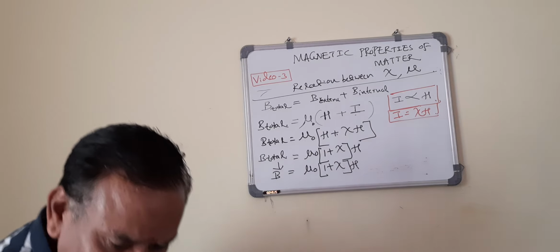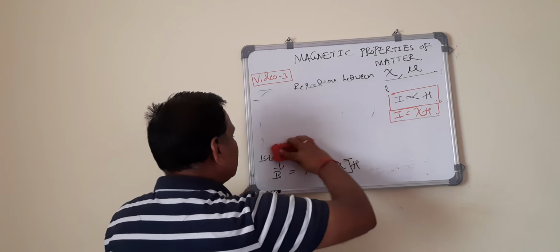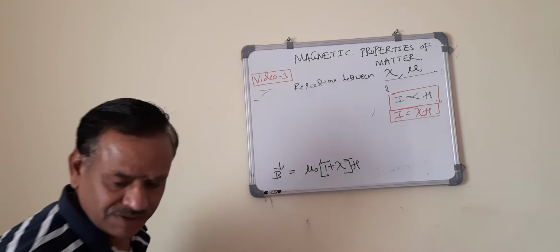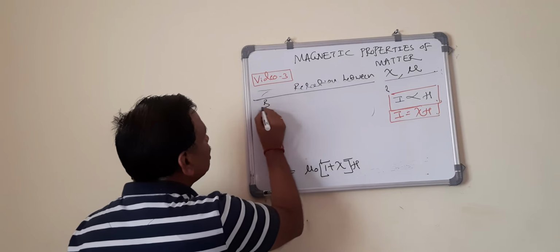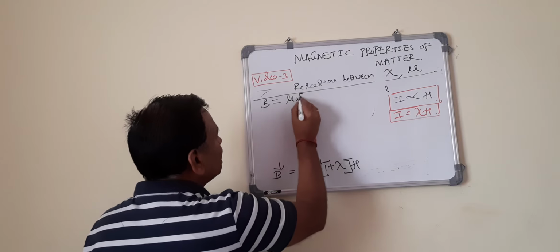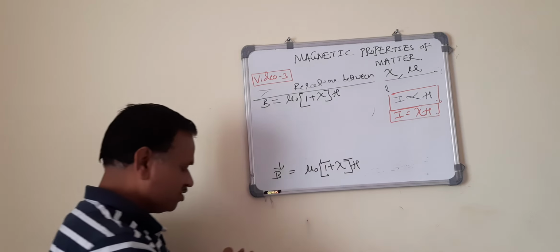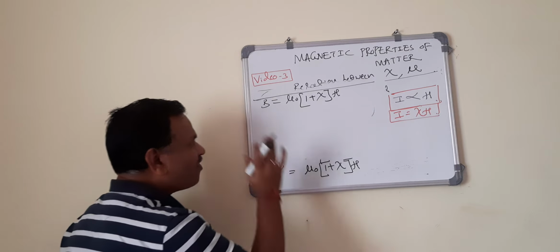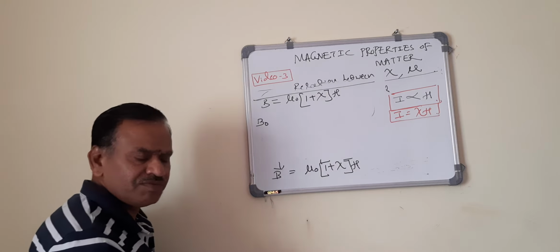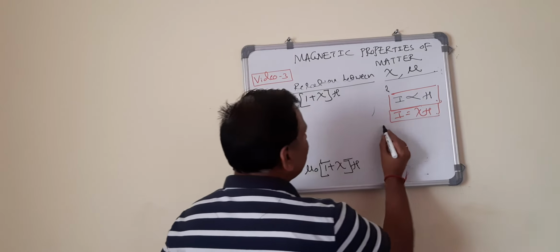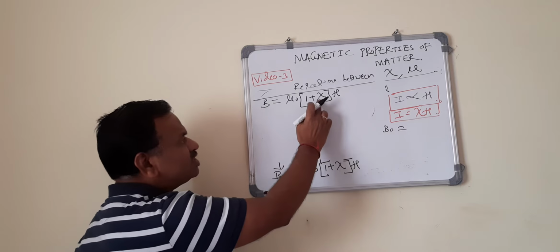Still it is not completed. Now B equals mu naught into bracket 1 plus chi into H. If suppose only vacuum is there, then what happens? I will write B naught equals, at that time this factor is 0.